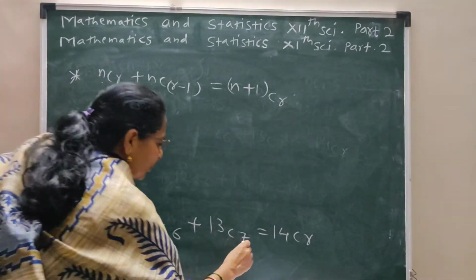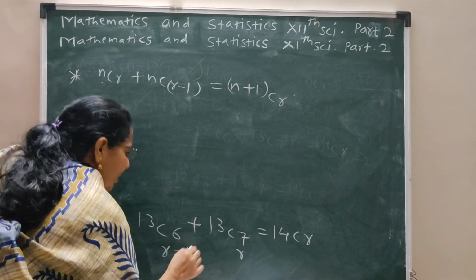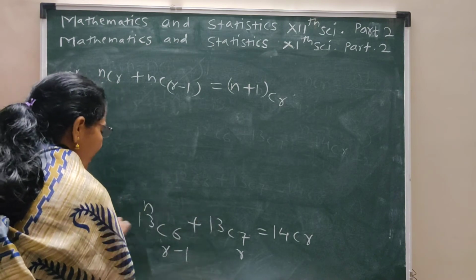Next again, if we put this is r 7, then this is 6, r minus 1, this is 13, that is n.